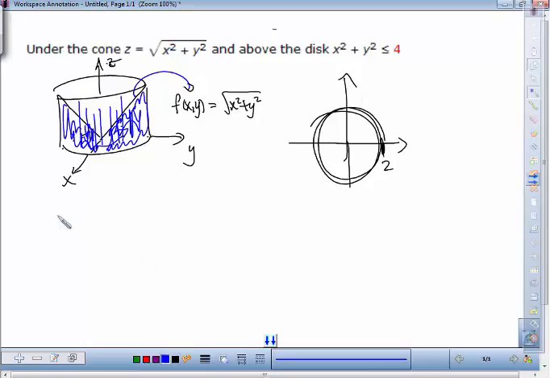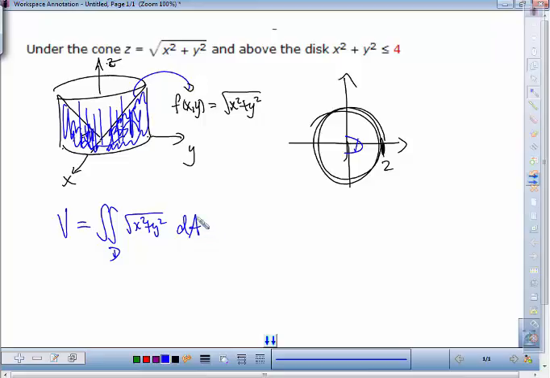So when we're looking for the volume, this is going to be a double integral over our region. And we'll talk a little bit about the region so that we can set up the integral. And then our integrand is x squared plus y squared.